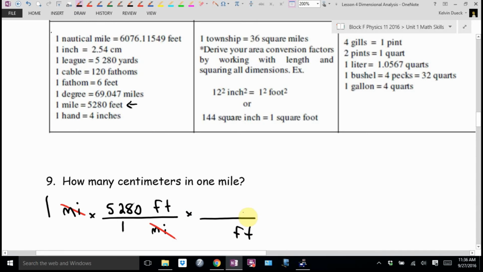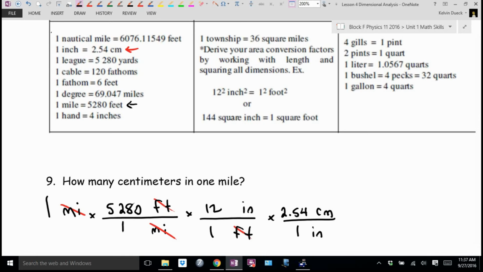feet cancels, inches, and 12 inches is 1 foot. And now I can go from inches to centimeters. I have a conversion factor right there. I can get inches to cancel, centimeters on the top, and apparently 2.54 centimeters is the same as 1 inch. I guess I'm going to end up going 5,280 times 12 times 2.54, and I'm going to ignore the ones.